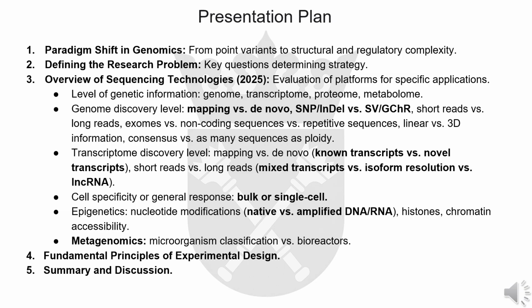The third part will be a review of current sequencing technologies, what we have at our disposal today, what they are suitable for, and what they are definitely not. Then we will move on to the principles of experimental design, what affects the reliability of results, what is often overlooked, and what is really not worth cutting corners on. And finally, a summary, questions, and hopefully an engaging discussion.